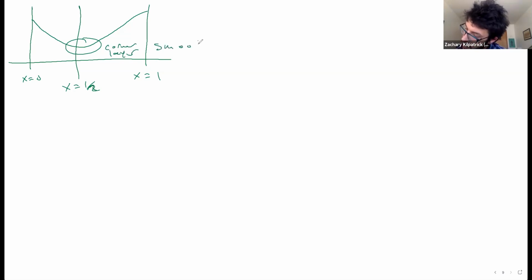So just to sum up, we draw x equals 0, x equals 1, and x equals a half here. We have this corner layer solution here, and it smooths out the jump in the derivative of the outer solution.